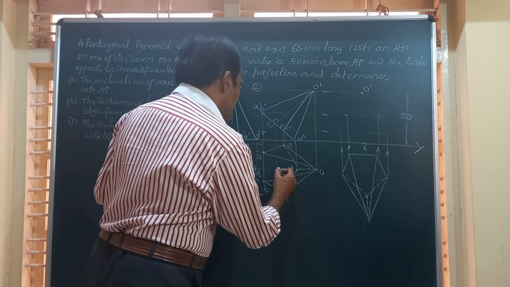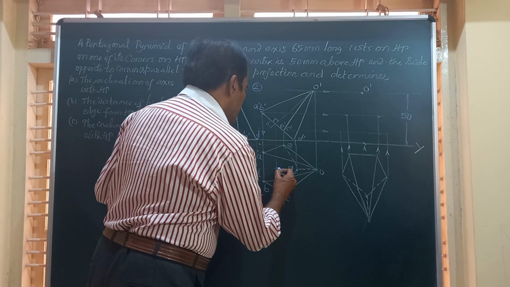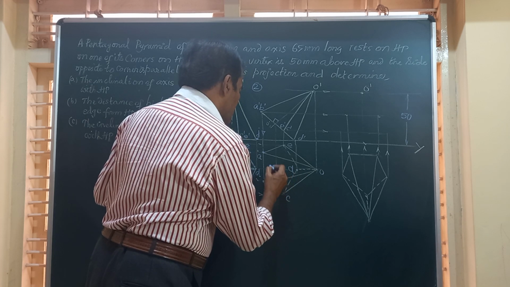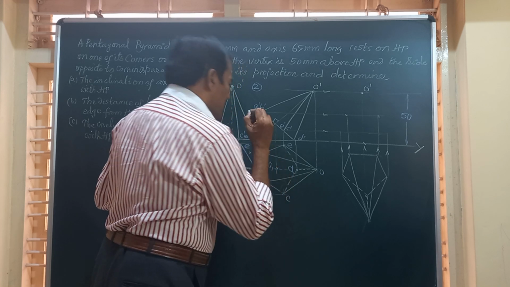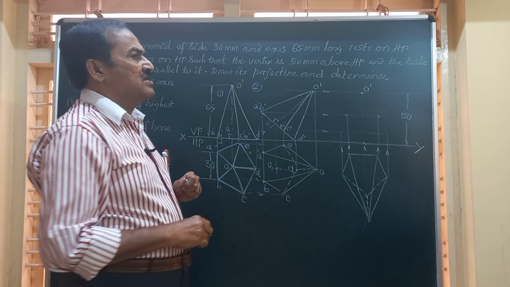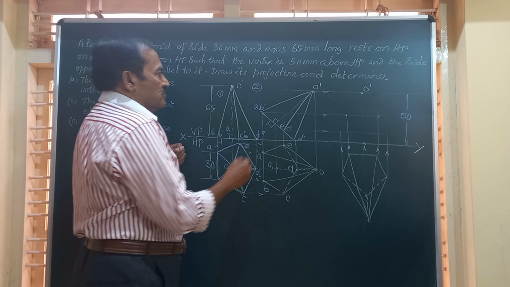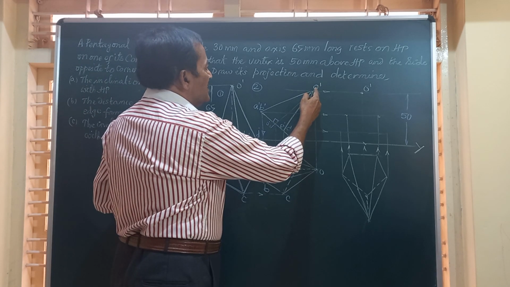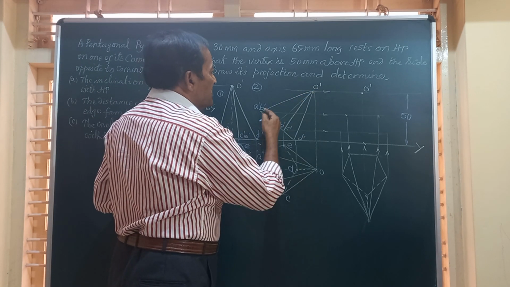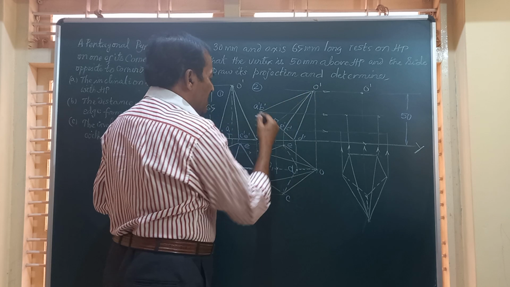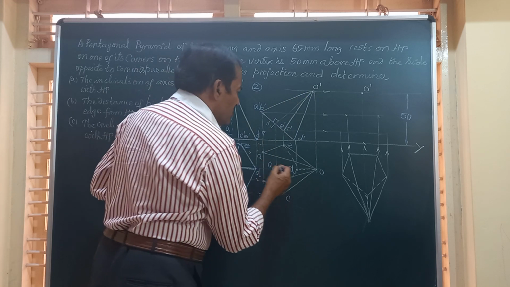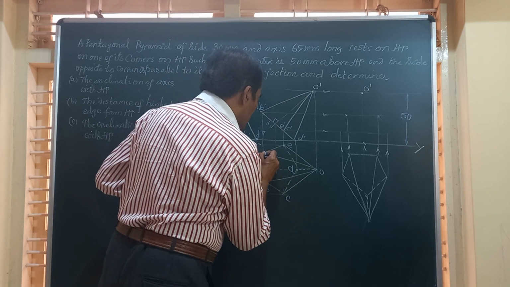And friends, here we find the axis of the solid. You can show the axis also. That is point O1. Now friends, let us see which are all the edges which are visible to us. The slant edges OA and OB, that is O dash A dash and O dash B dash are visible. So I will show them by a full line.